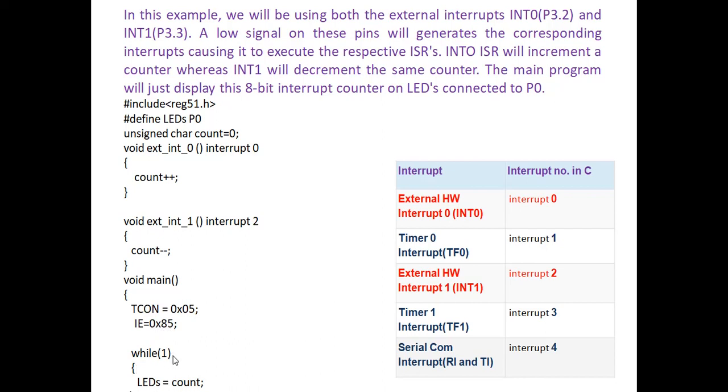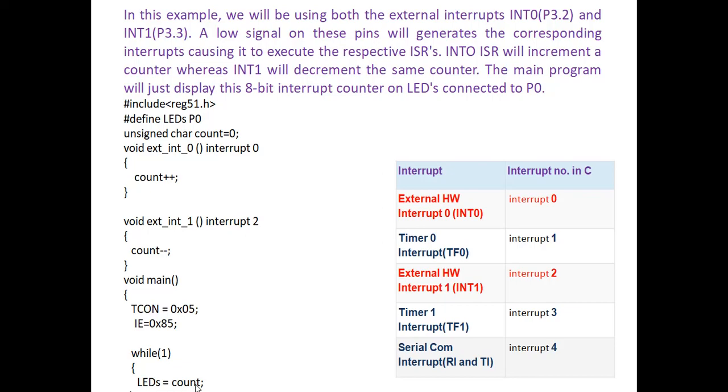So while(1), it is an infinite loop, LED is equal to count. Already the count is assigned 0. Whatever value is in count, it is moved to the LEDs. LEDs is nothing but P0. So all the pins of P0 will be sending zeros. So LEDs is equal to 0.